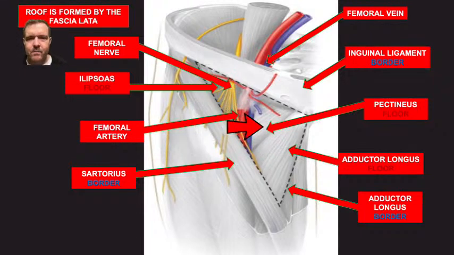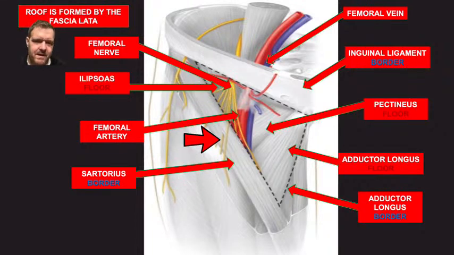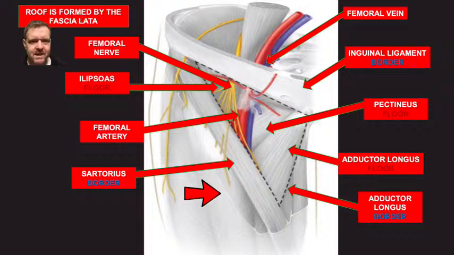And within that triangle is where your nerve, artery, and vein reside. So they're quite vulnerable in that region. If you do manual therapy and you're using your elbow to massage someone's quads, you've got to be really careful around this area, because if you irritate that nerve by compressing it, it may change the sensation in the quads.